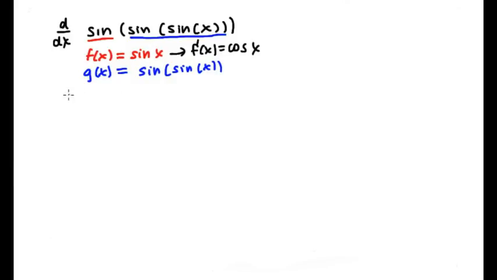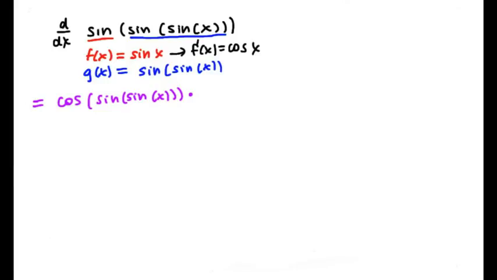So this is going to be equal to cosine of sine of sine of x, like so. And we're going to multiply this by g prime of x.